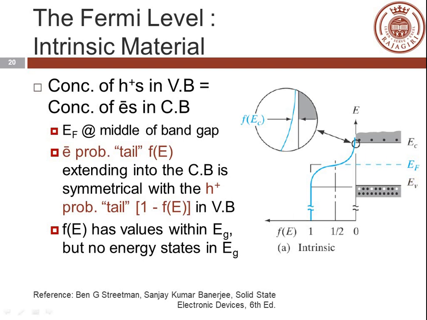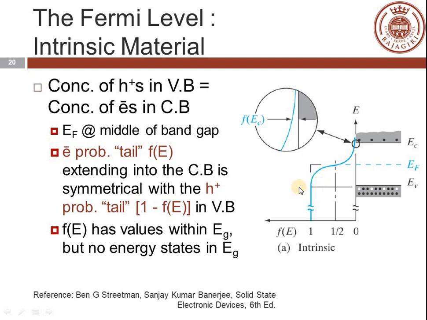Now, in this curve, we are having an electron probability tail and a hole probability tail. Electron probability tail means when we plot this curve, there is a gap. This gap difference near EC is the probability of finding electrons in the conduction band. Similarly, we can have a value 1 minus f of EV near the valence band, near EV.